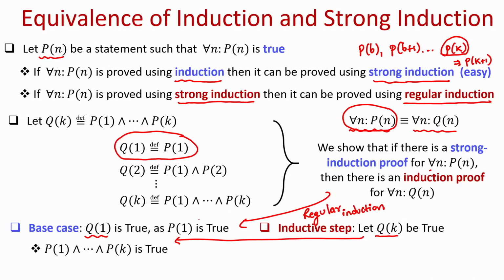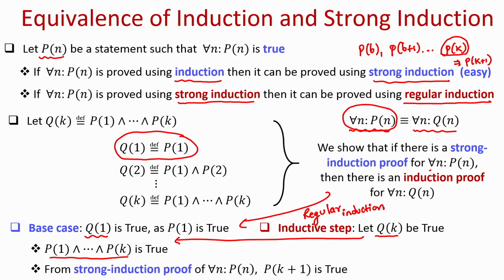That is the definition of proposition q of k. And since I have a strong induction proof for the property p, in the strong induction proof I can conclude that if p of 1, p of 2, up to p of k are simultaneously true, then the property p is true for even k plus 1. That is a guarantee that the existing strong induction proof gives to me.